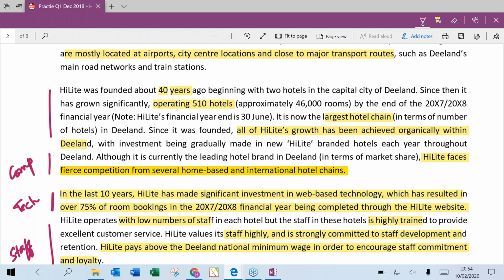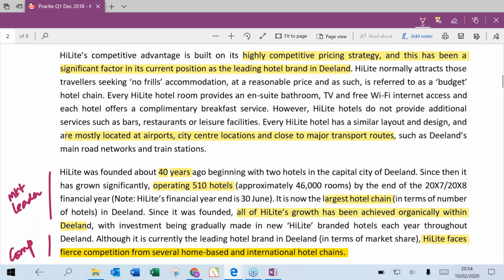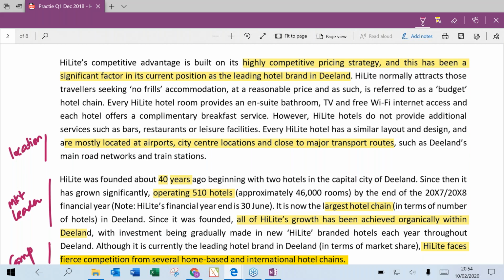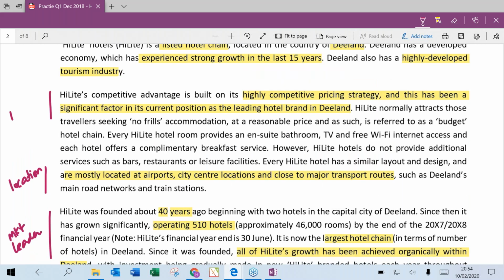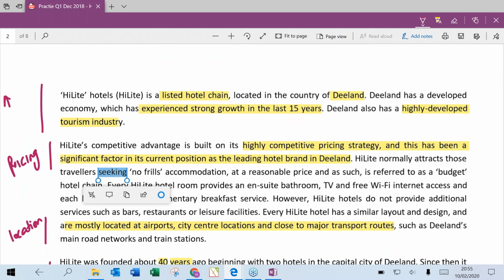This talks about market leader. This talks about location. And this talks about pricing. And this talks about booming economy and booming industry.